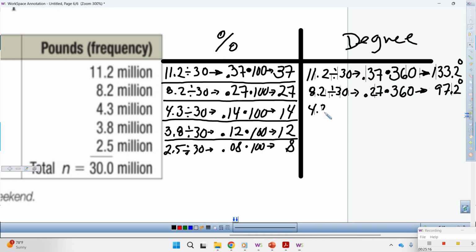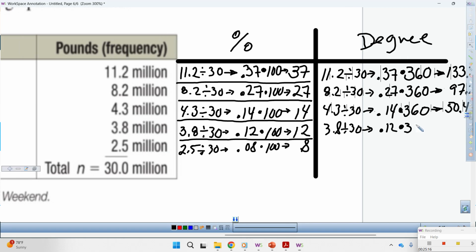Next one, 4.3 divided by 30 gives us 0.14 times 360. What is it? 50.4. All right, next one is 3.8 divided by 30, which is 0.12 times 360. 43.2 degrees.